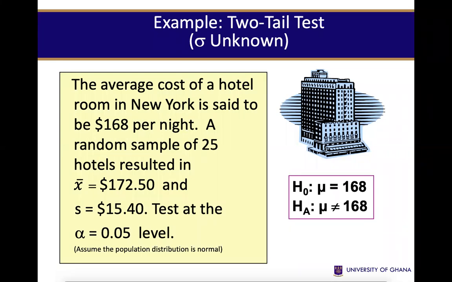So basically, the two-tail test is when you have the null hypothesis having an equal to sign, and then the alternate hypothesis having a not equal to sign. The approach to calculation is basically the same.